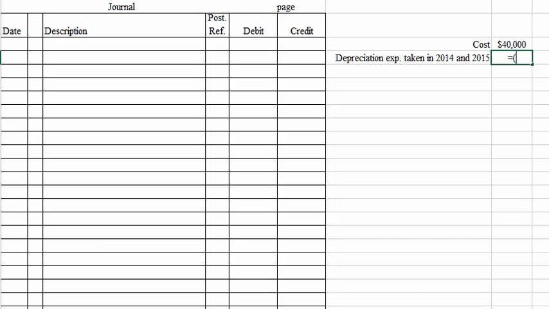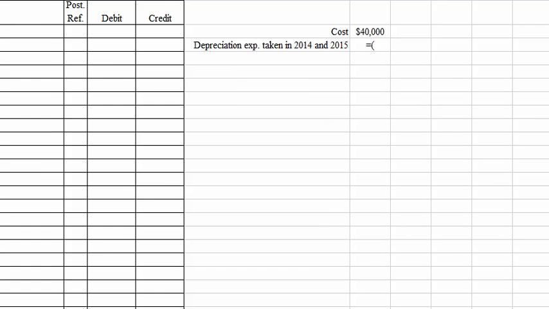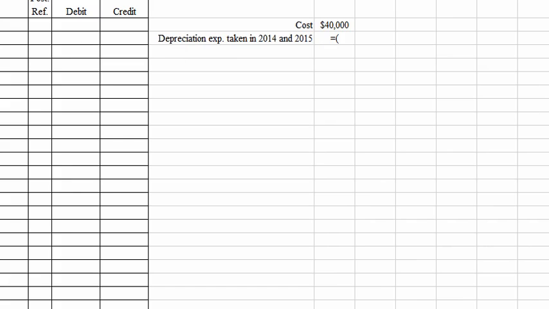I'll move my screen capture over a little. Okay, the cost was $40,000 minus the residual value of $4,000. And the estimated useful life was originally 5 years.